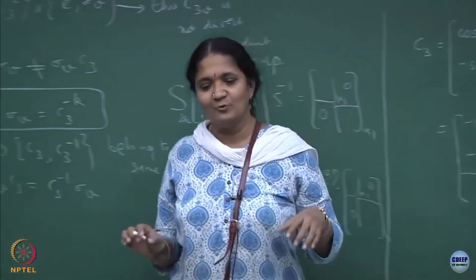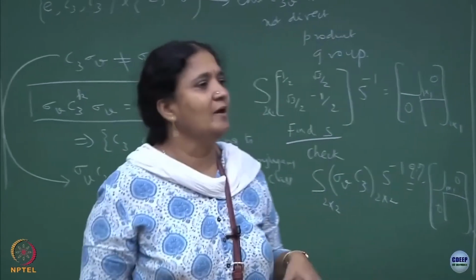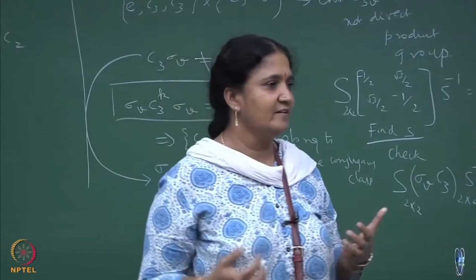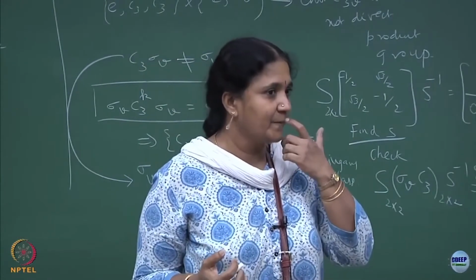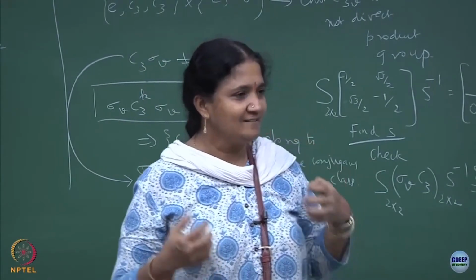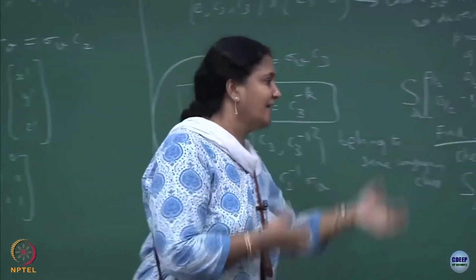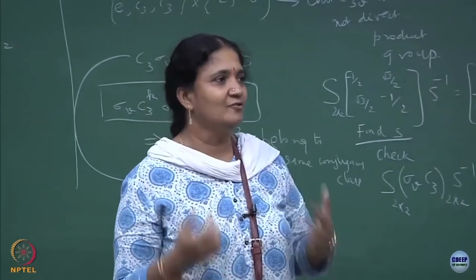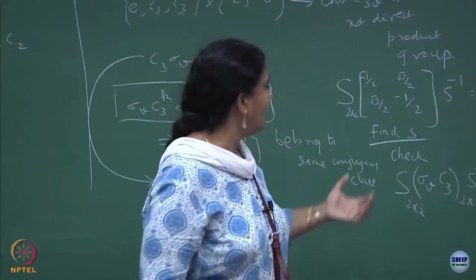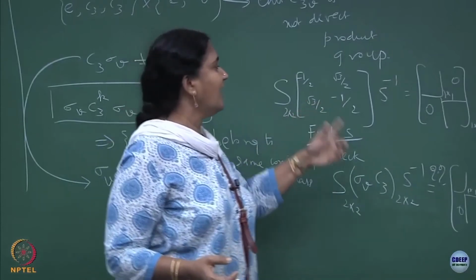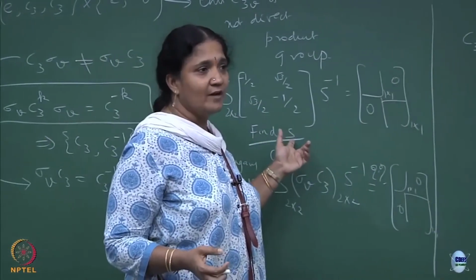So, one is to do it by brute force, another one is to try to understand from a set of lemmas, theorems and postulates. But to get a feel for it, please try it out. I would strongly urge you to try out doing this, find an S first. This diagonalization is trivial for you, you can do it.